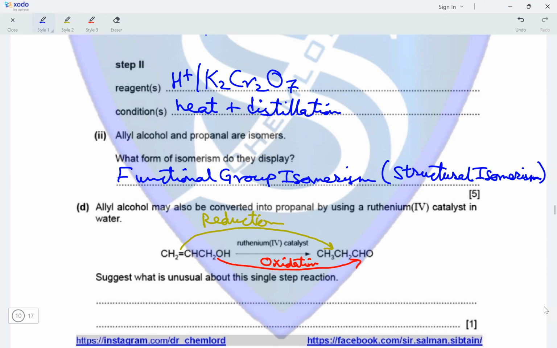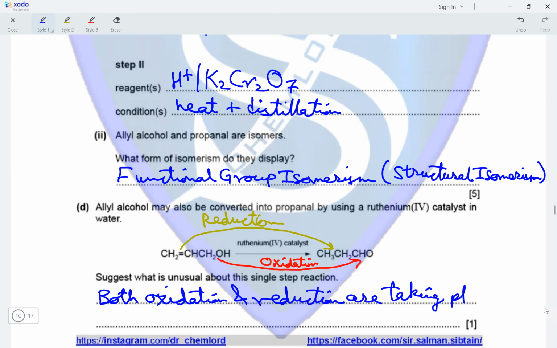So what is unique about this reaction is that both oxidation and reduction are taking place in a single step.